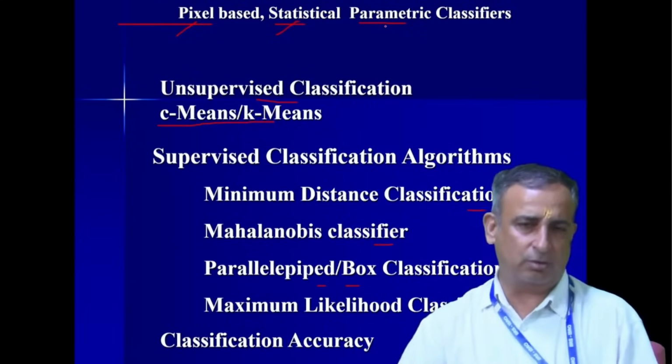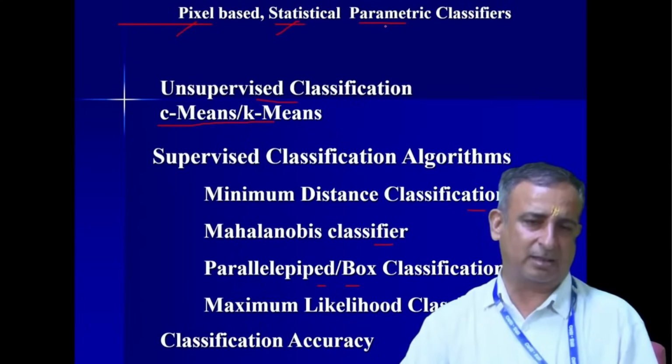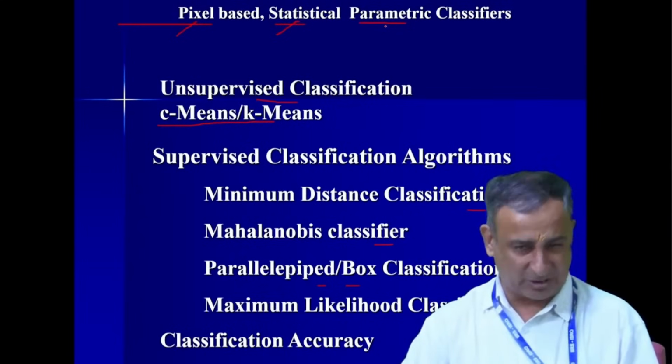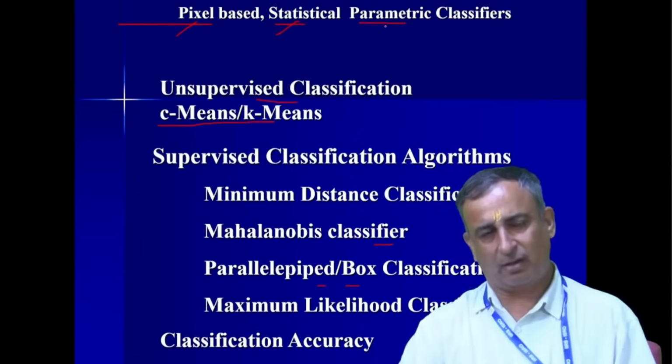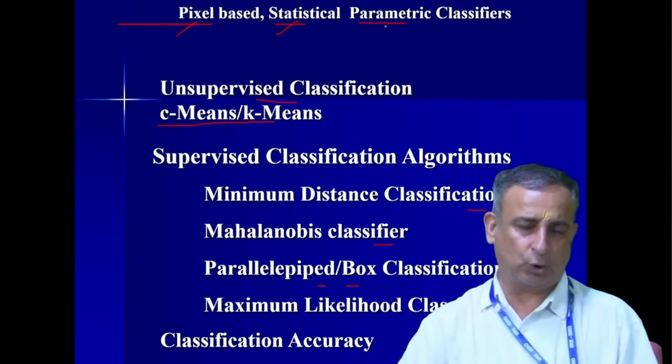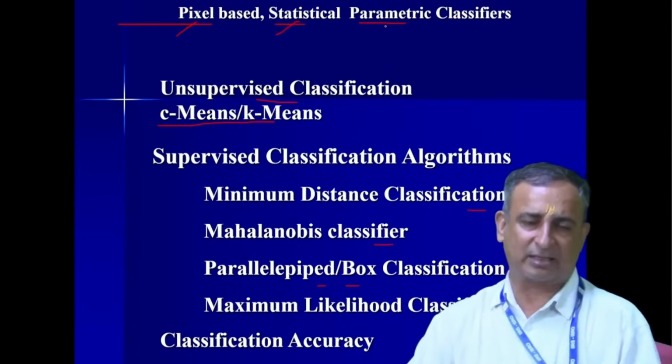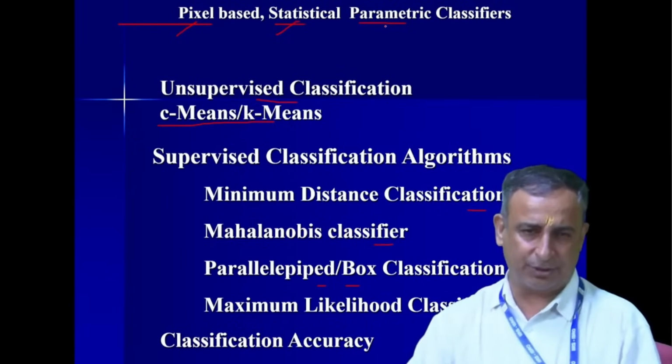Then I went to what is image classification and what is digital image classification, and the subclasses of the classification approach. There are 2 branches that have been developed. First is the unsupervised classification approach, where training data is not used.